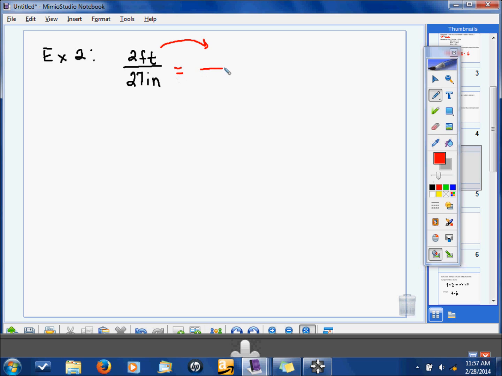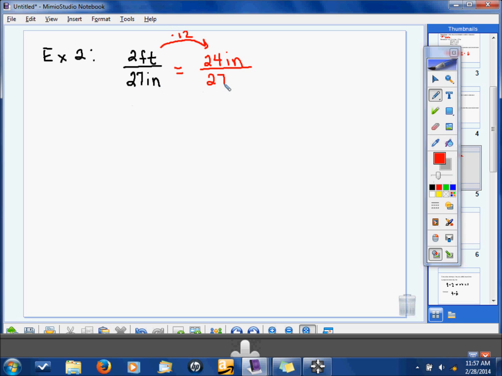So, how many inches are in 1 foot? 12. We had that on that little reminder that I just wrote for you. So that means for each foot we have 12 inches. So I need to do 2 times 12. And so 24 inches is 2 feet.